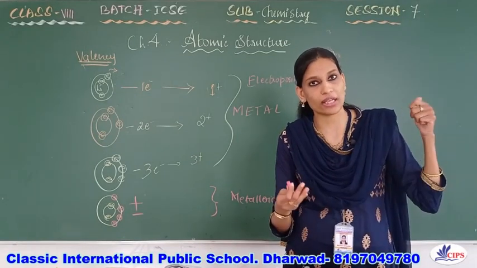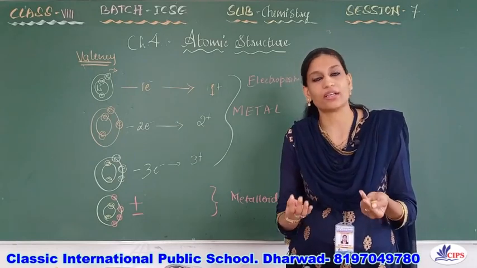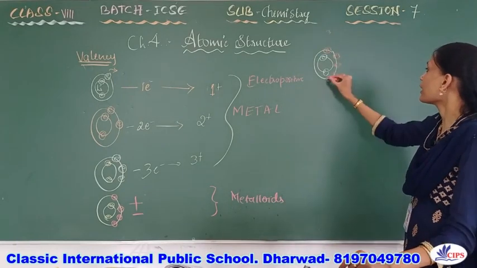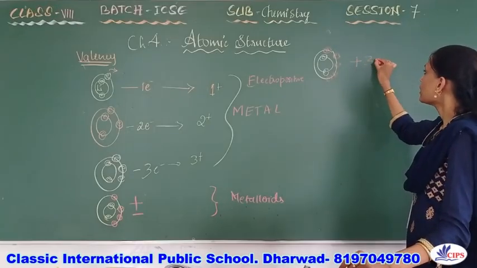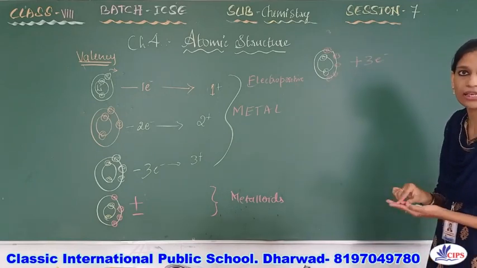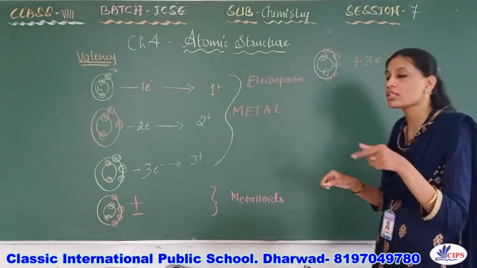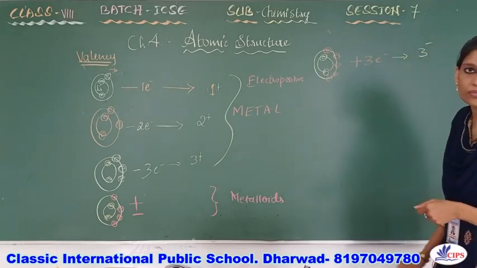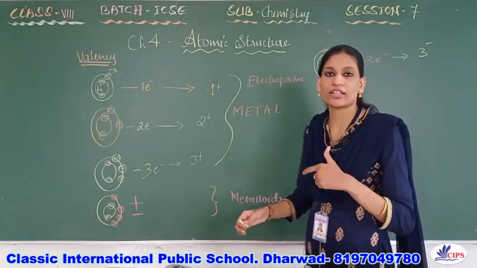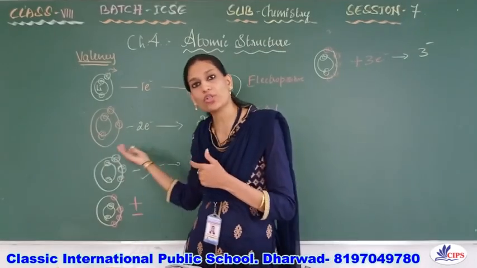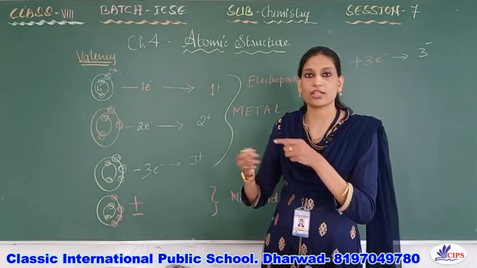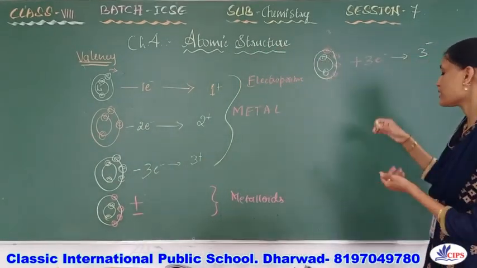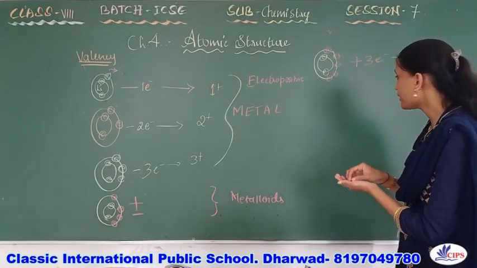It is better for that atom to gain. It gains 3 electrons, and when it gains 3 electrons, there comes a charge on it, that is 3 minus. That is, if it is gaining, the charge is minus. If it is losing, the charge is plus. It is reciprocal. Okay.